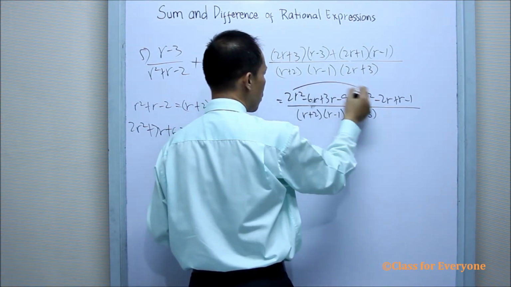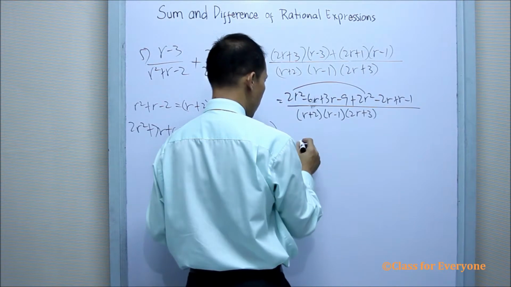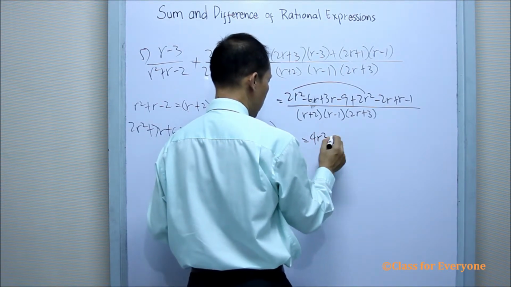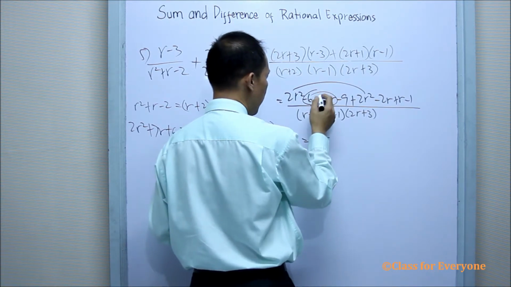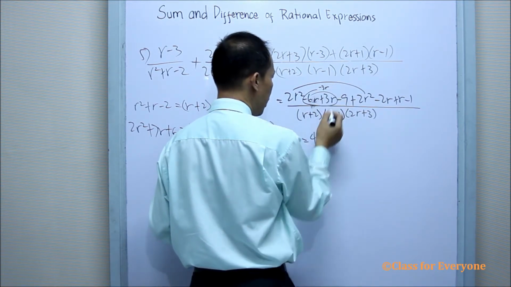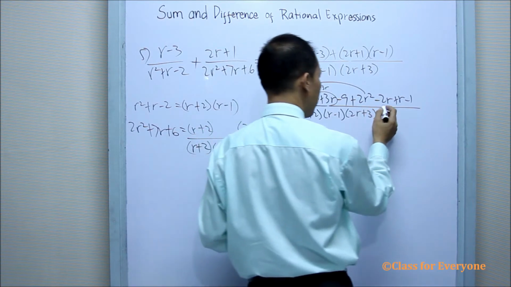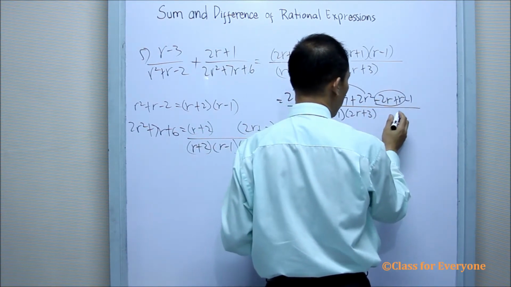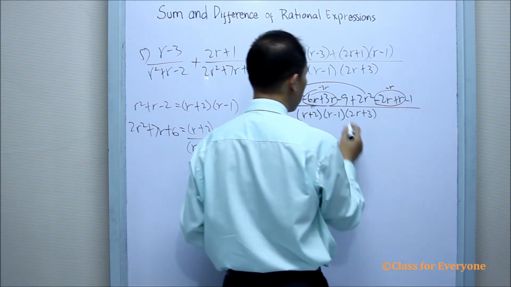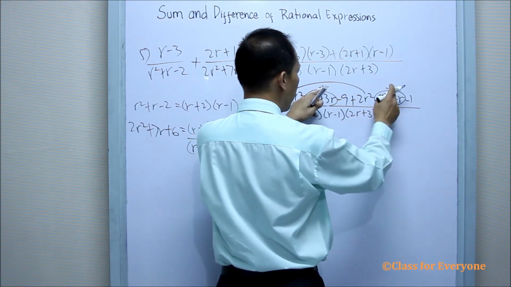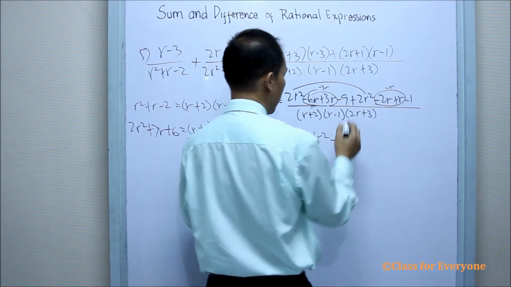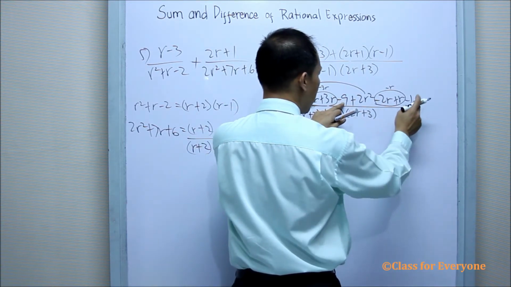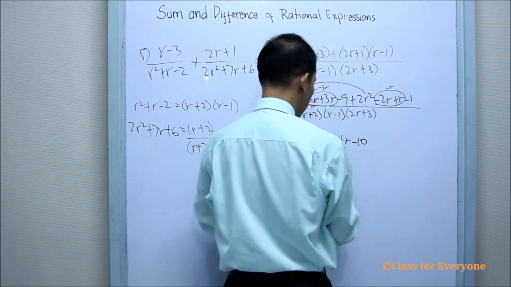Combine like terms: 2r squared plus 2r squared is 4r squared. Combining this, we will have a negative 3r. And then combining this also, we will have a negative r. Combine negative 3r and negative r, we have a negative 4r. And then negative 9, negative 1, negative 10.